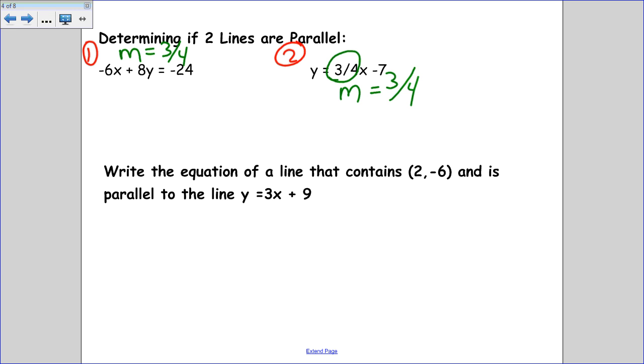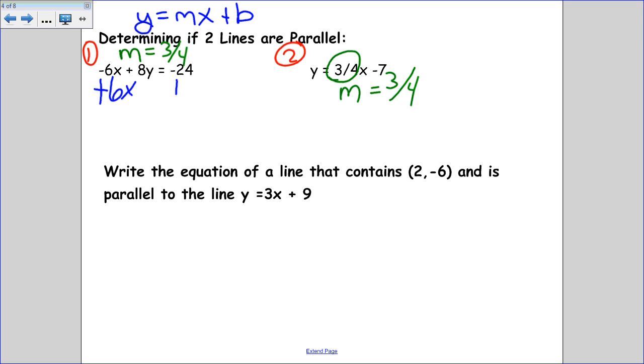So let's rearrange it and put it in slope-intercept form so we can check. How would we do that? We have negative 6x plus 8y equals negative 24. Well, we need this to look like y equals mx plus b. So I'm going to try and get y by itself. That means I need to move my 6x. So to move it, I do the opposite.